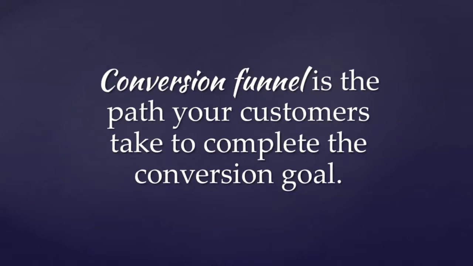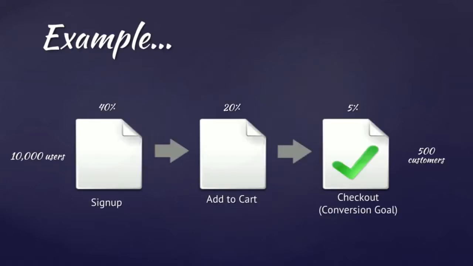Now, a conversion funnel is the path your customers take to complete the conversion goal. Now let's look back at that e-commerce example again. We had 3 steps: sign up, add a product to the cart, and checkout, buy something. Now the 3 steps is considered our conversion funnel.